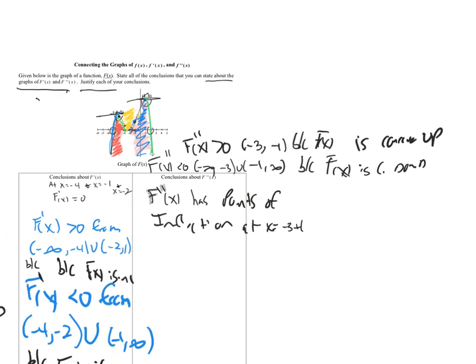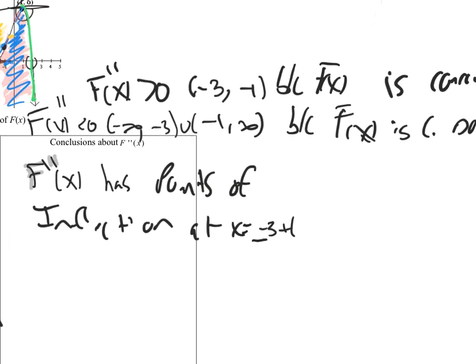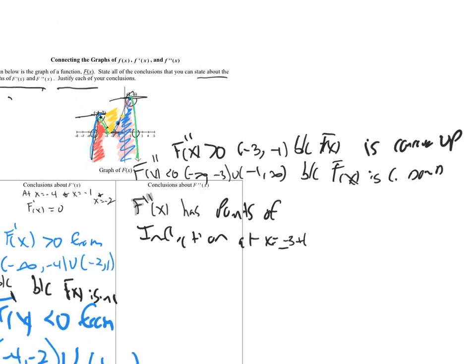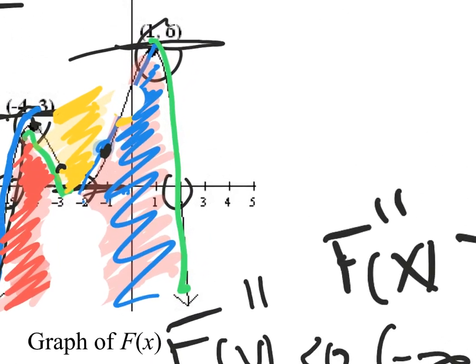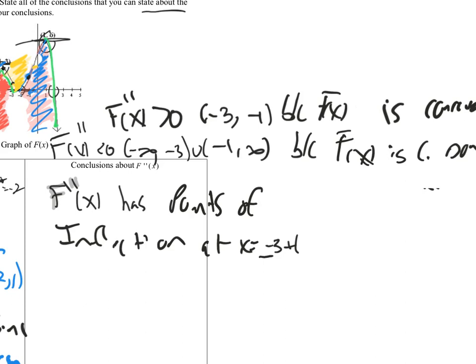Therefore, between these places, I'm putting those points of inflection at the -3, and I put it at the 1. And -1. -3 and -1 became the points of inflection. So that's what I put here.